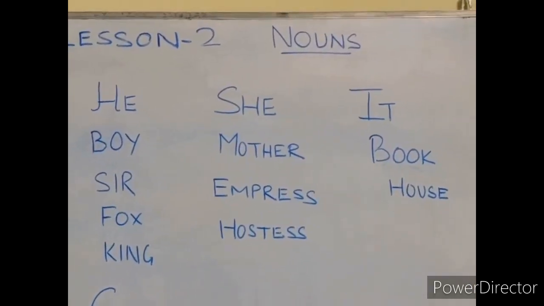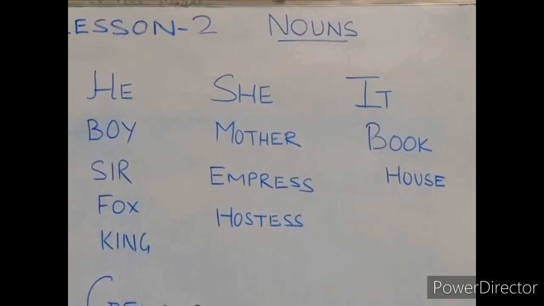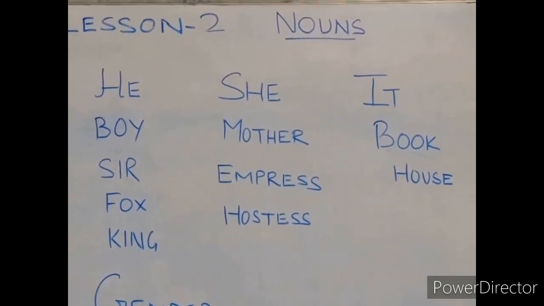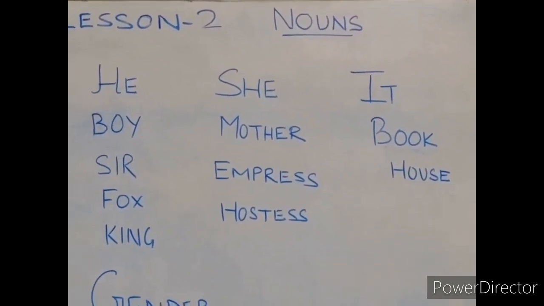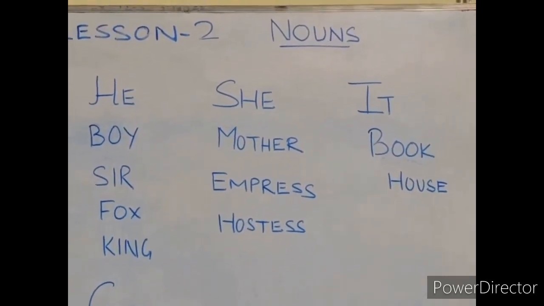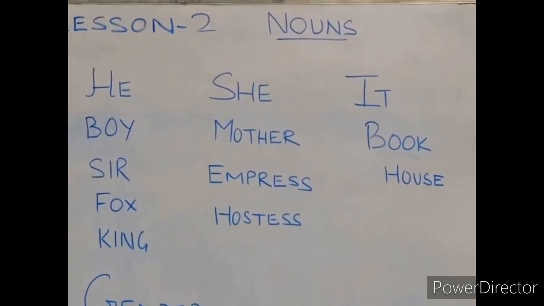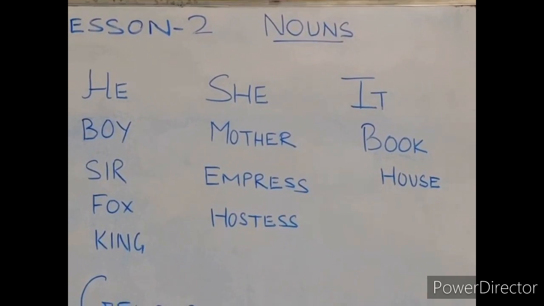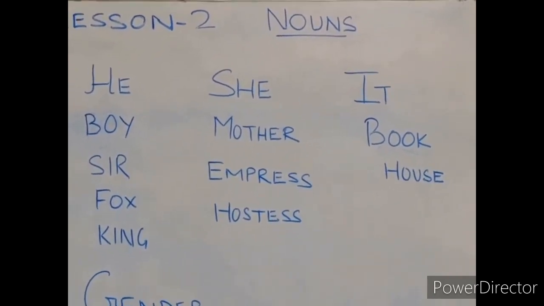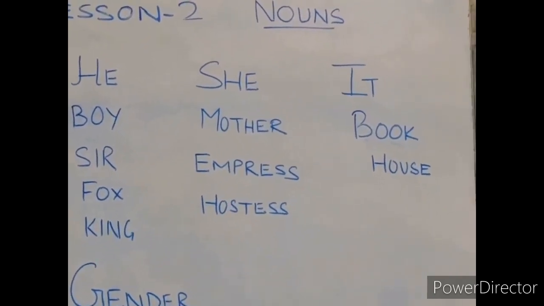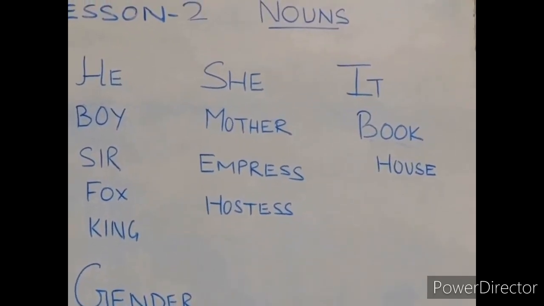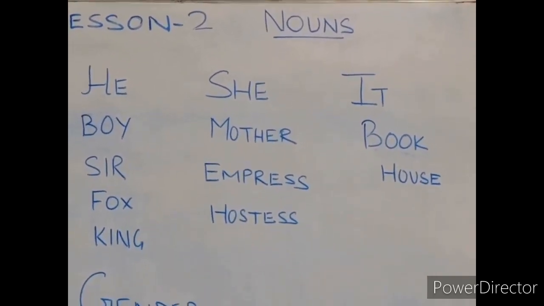Hope you all have written the answers. Now what you have written? Under the he column: boy, sir, fox, king. She: mother, empress, hostess. It: book, house. Now can you tell me, students, what we have done?